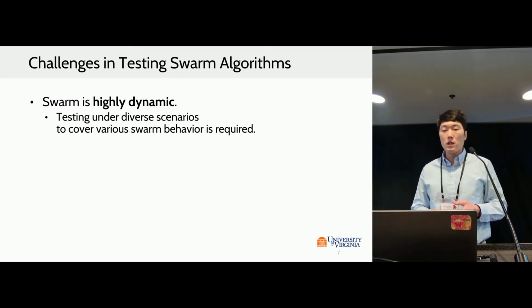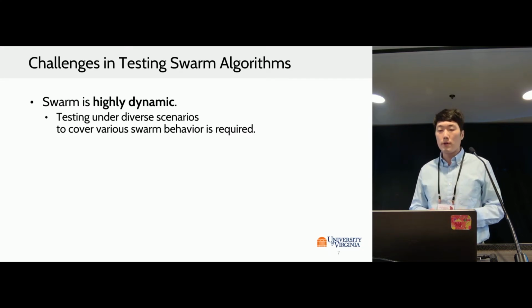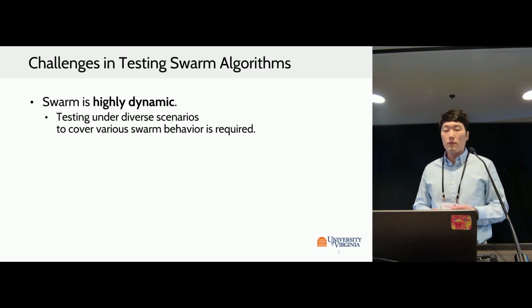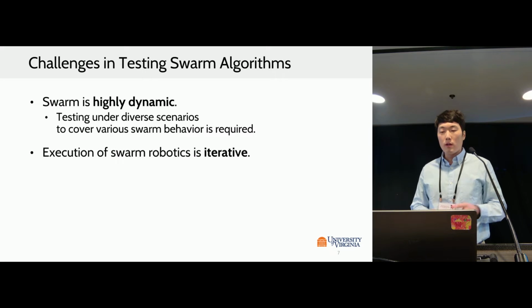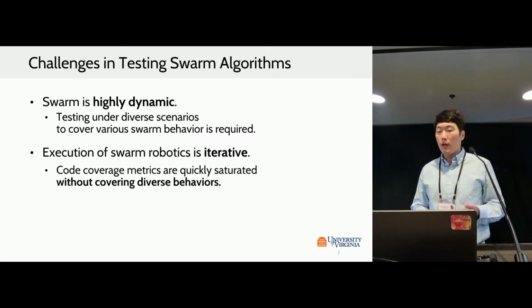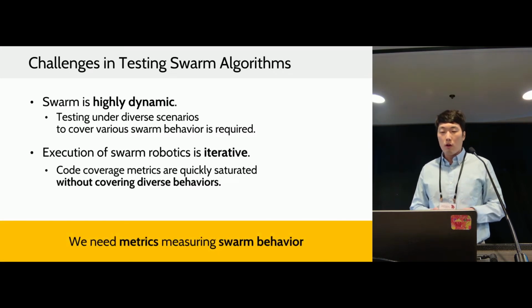However, a swarm's input space is too large to cover in practice. Coverage-guided fuzzing faces similar challenges. Swarm robotics execution is iterative, so code coverage metrics traditionally used in fuzzing techniques are not effective. Even with a few tests, the majority of the code and branches are quickly covered without covering diverse behavior. So we need metrics that can measure swarm behavior.